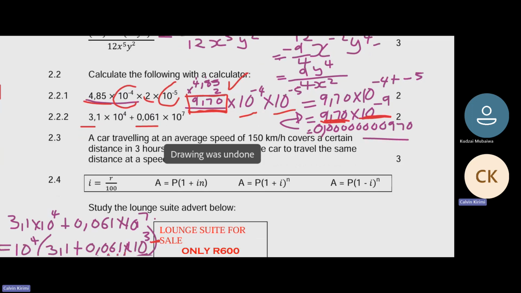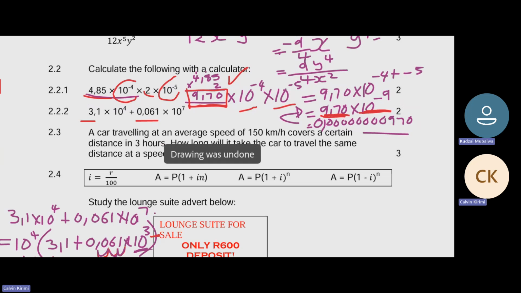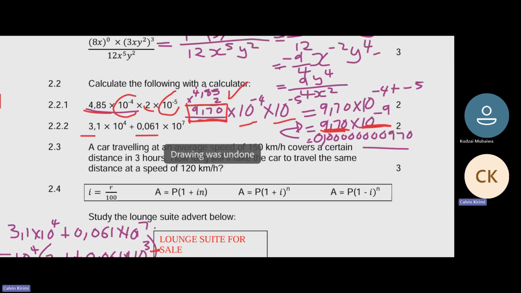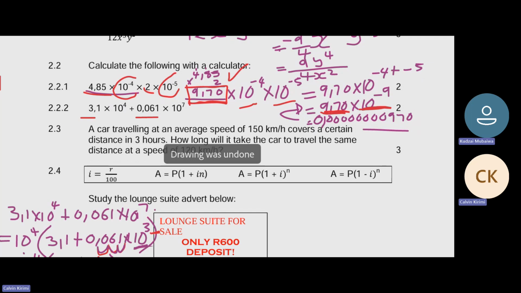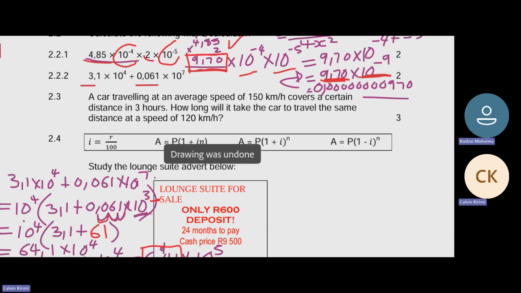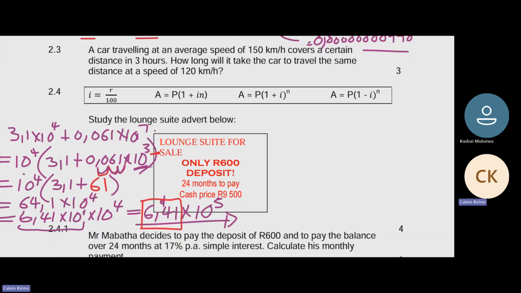Then you are going to factorize, using the highest common factor of the 10 to the power something. So whenever you see a plus, the trick is you are factorizing. Whenever you see times throughout, we just want you to write the answer without factorizing. Let's go to number 2.3.